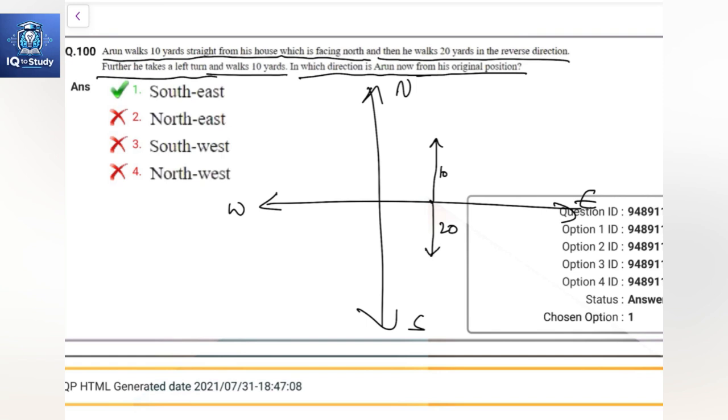Further he takes a left turn and walks 10 yards. In which direction is Arun now from his original position? This is the original position and now this is the end point and the direction is southeast. So option 1 southeast is correct.